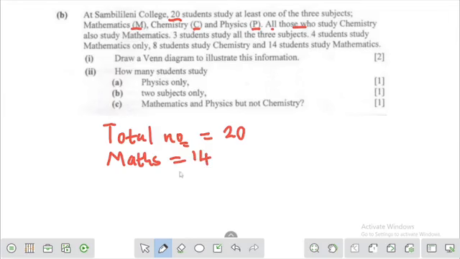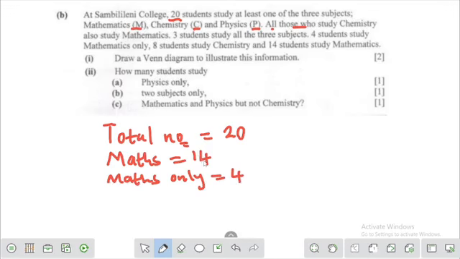So from these 14, we have been told that only 4 students study mathematics only. So again, you need to take note of this information. So maths only, we have how many students? 4. Meaning that these 4 students just study mathematics only without combining with chemistry or physics.